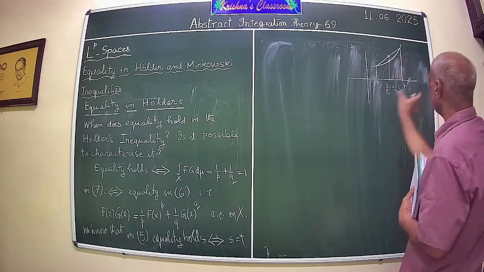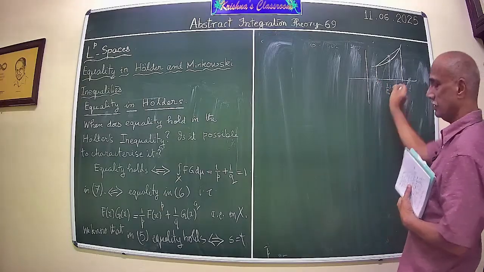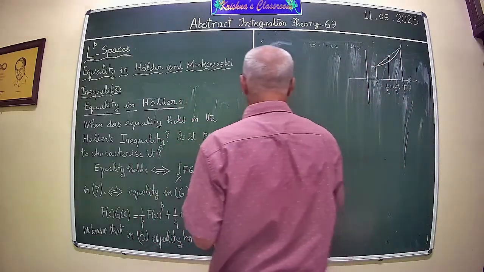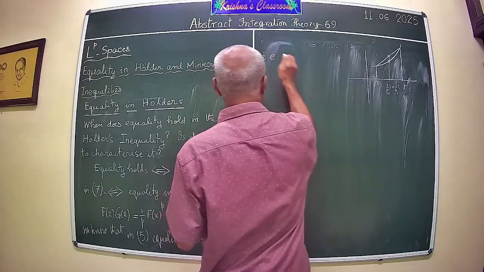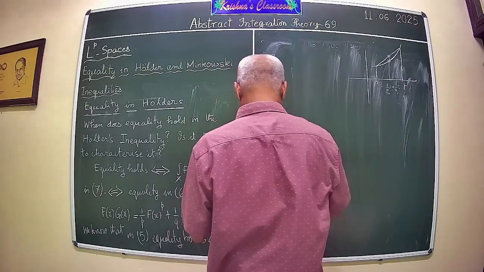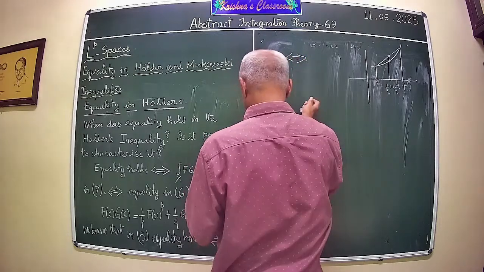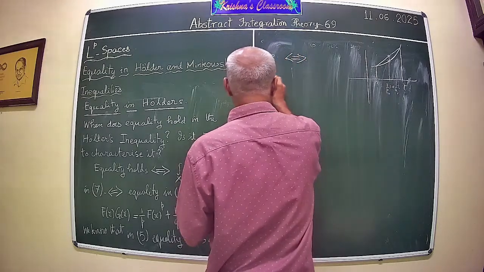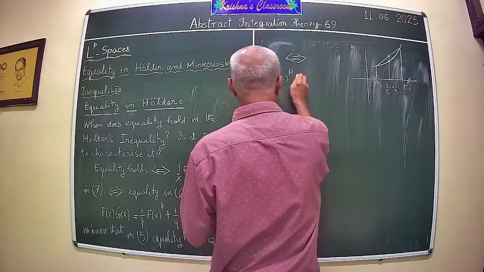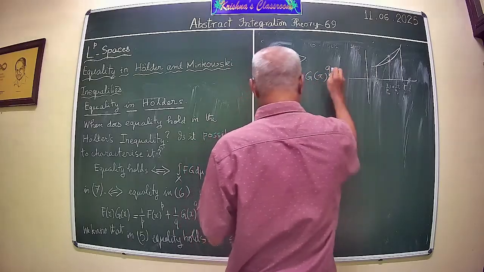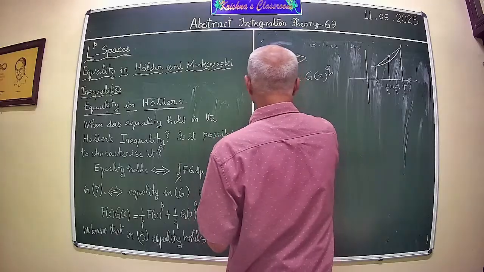These heights are equal only when s and t coincide, and that's a statement that we are making. And what is the meaning of that? That is, if and only if almost everywhere.